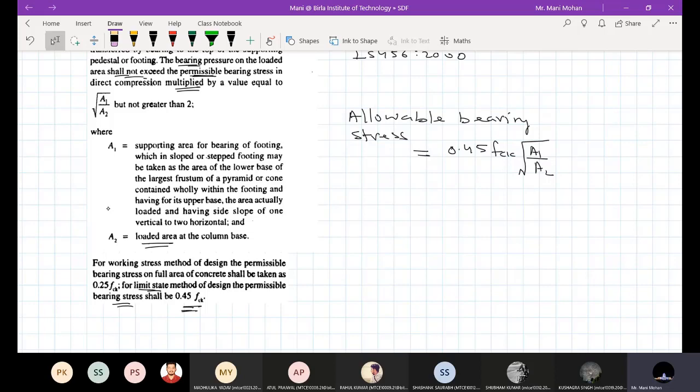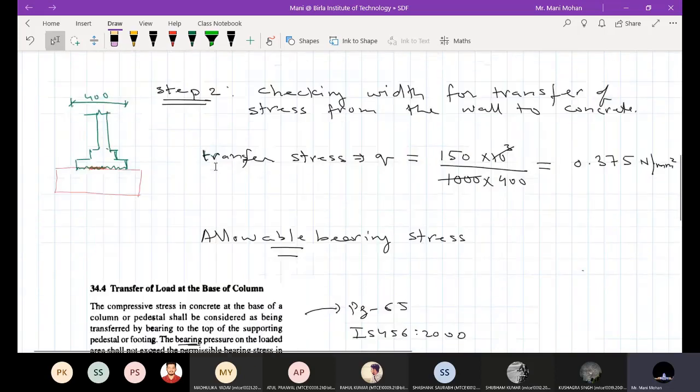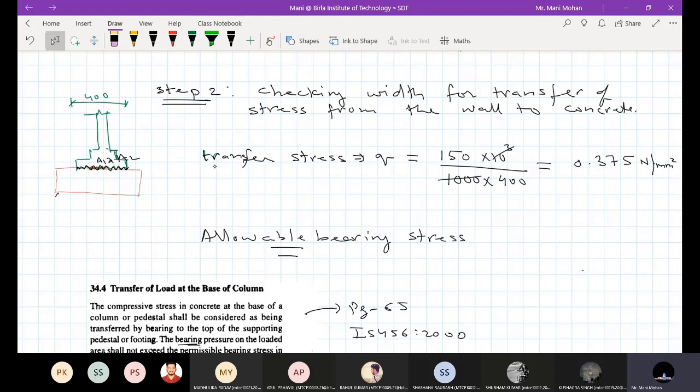But right now, please understand what exactly is happening. This wall is bearing on this particular width only. So right now my A1 and A2 both are actually the same. But suppose I wanted to know the bearing stress at this other interface, in that case my A1 and A2 would have been different.